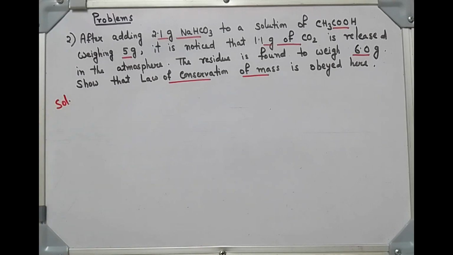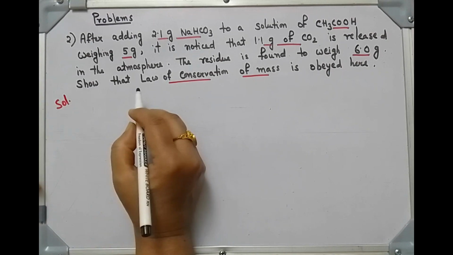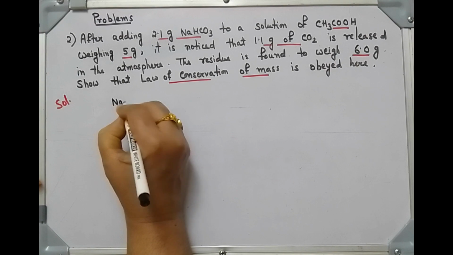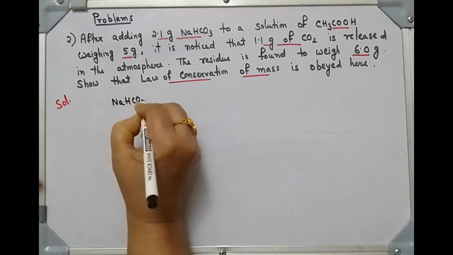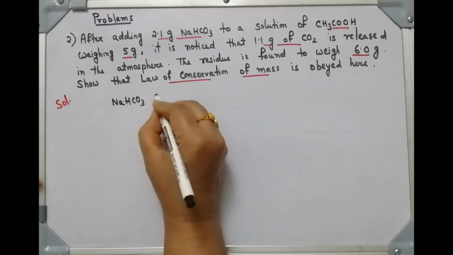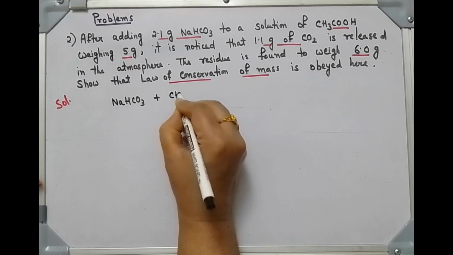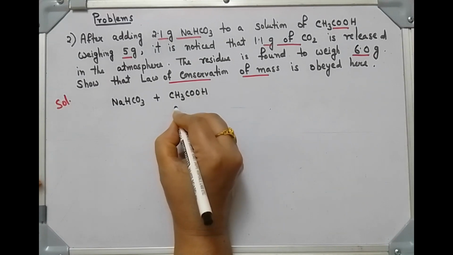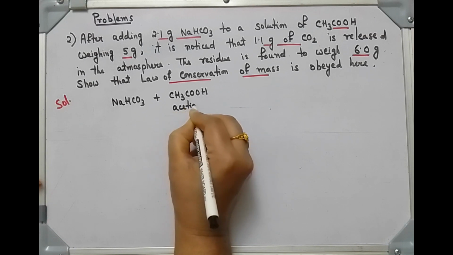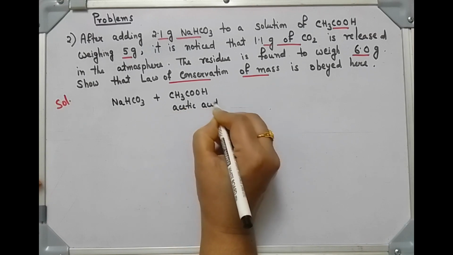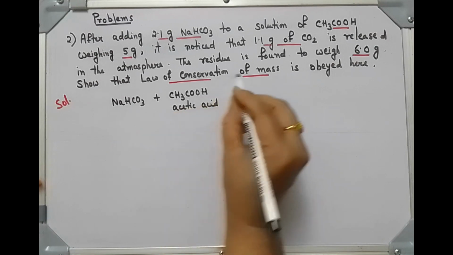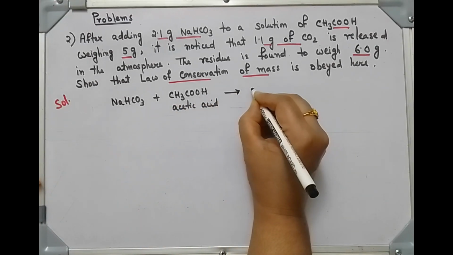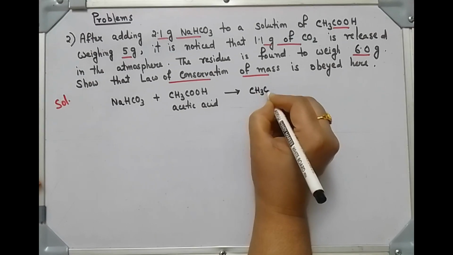So what we have to do? We have to first write the chemical equation. Sodium bicarbonate is a base, and it is given acetic acid. This is an acid, an organic acid, acetic acid. Acid plus base, you will get sodium acetate.